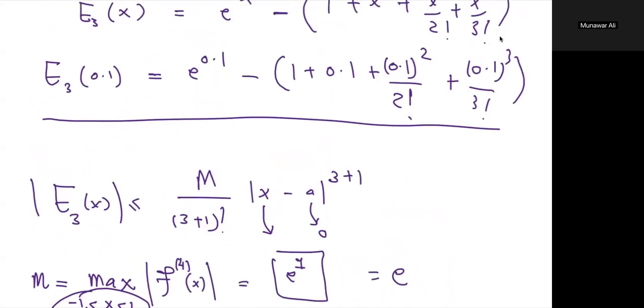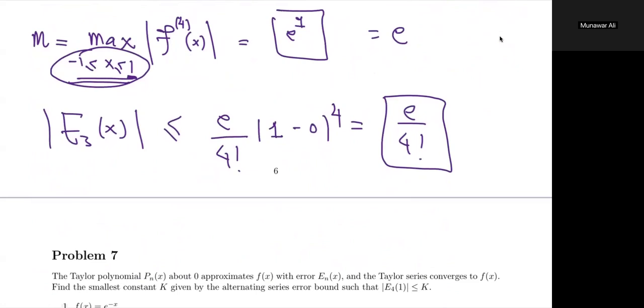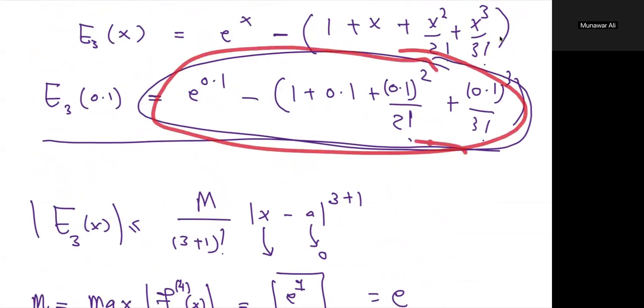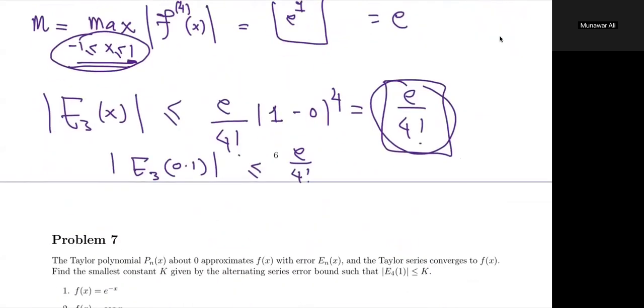Now you can find E3 of 0.1, whether this number is positive or negative. You will always see that E3 of 0.1, in absolute value, is less than or equal to this error bound that we have found, e divided by 4 factorial. You can find the exact value after simplifying, and you will see that this is the maximum error bound, and the error must be less than or equal to this.